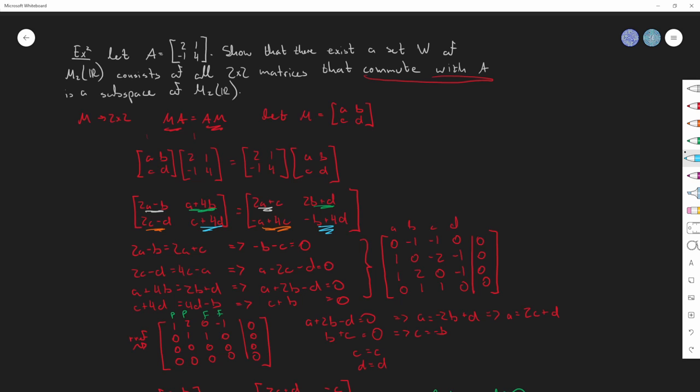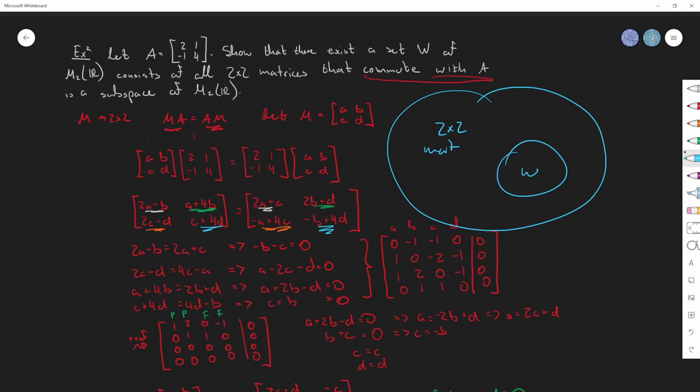So in other words, we have our 2x2 matrices, which is our vector space, and then we have our W, which is our subspace. And so, yeah, that's pretty much it.